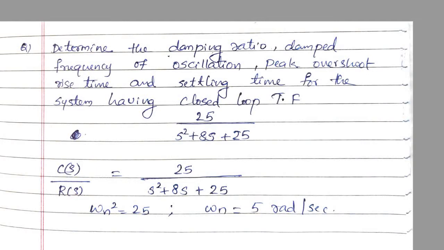By comparing, we can say that omega n square is 25 and thereby the value of omega n is 5 rad per second. That means omega n, the natural frequency of oscillation of the given system, is 5.